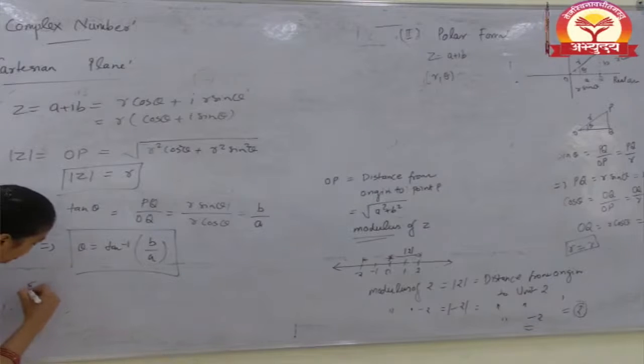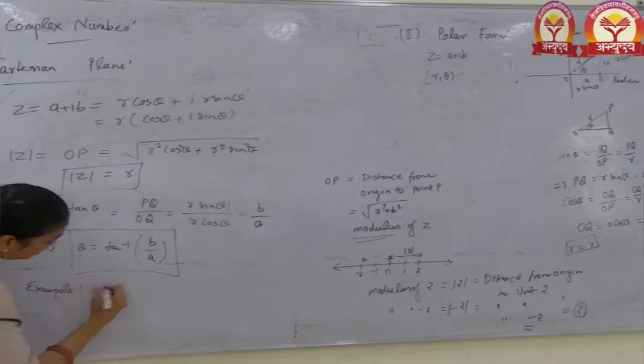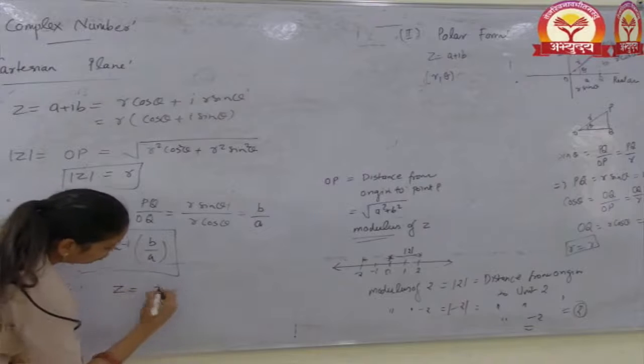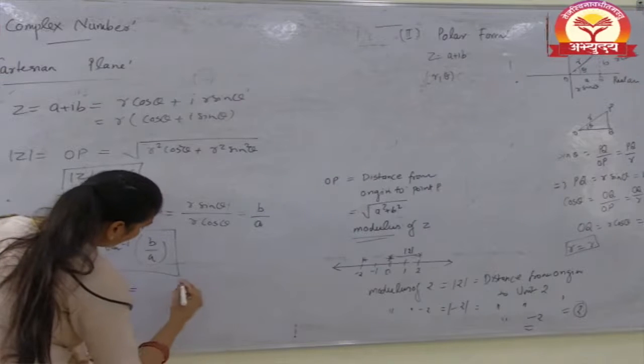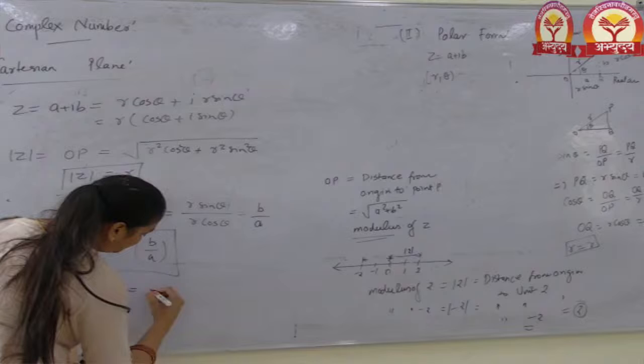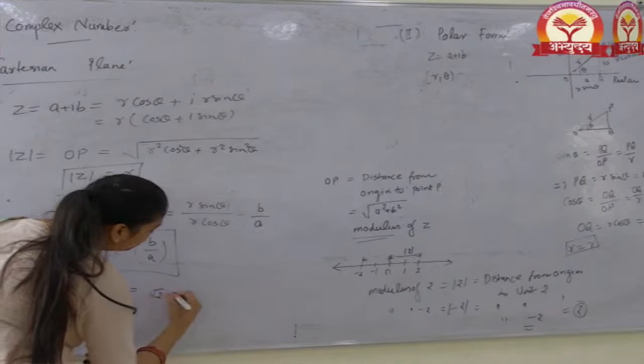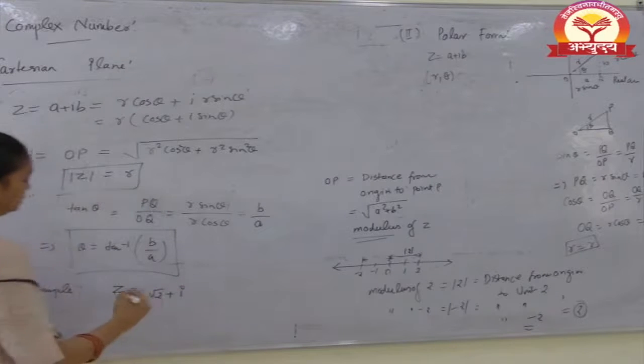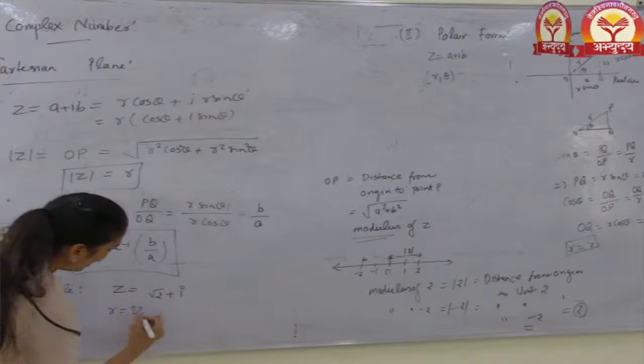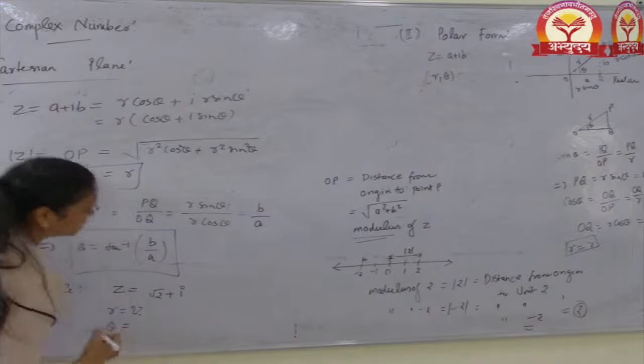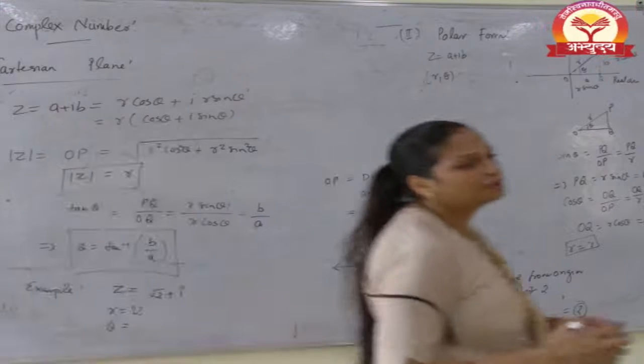Just a simple example question. If Z is equal to √2 plus I, then what is the value of R and what is the value of theta?